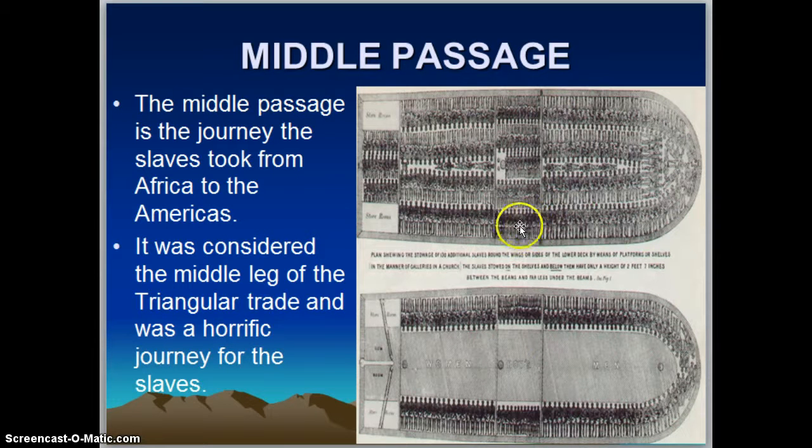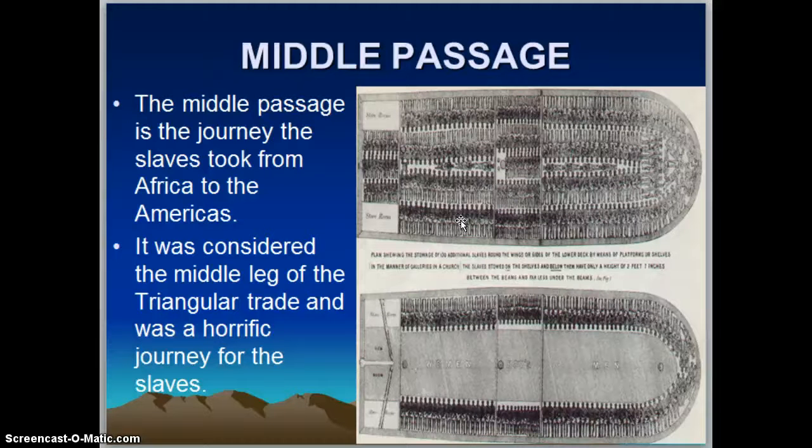It is hard to tell, but all of these black lines with a dot and two lines coming out of the bottom, those are people. They had the Africans stacked on top of one another on planks. They only had a few inches of room between the plank that they were lying on and the plank above them.